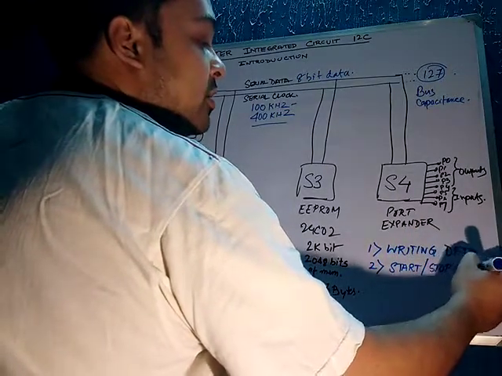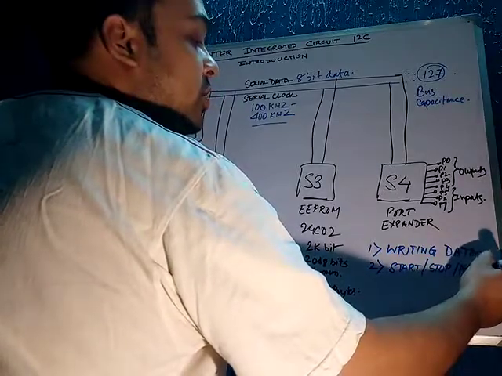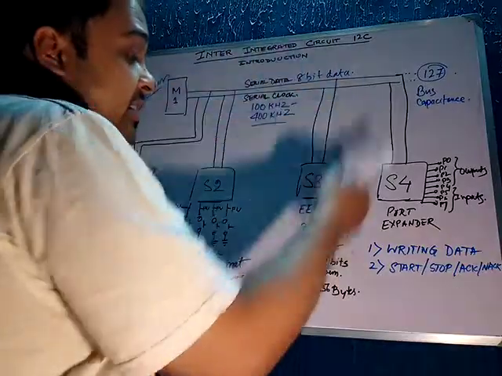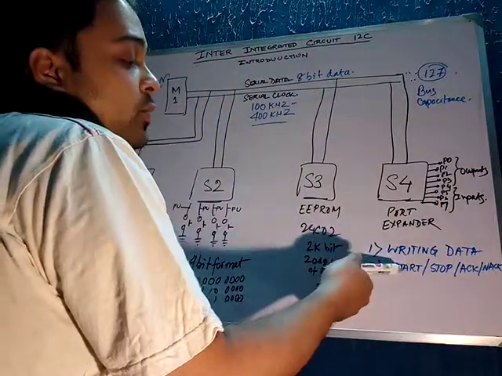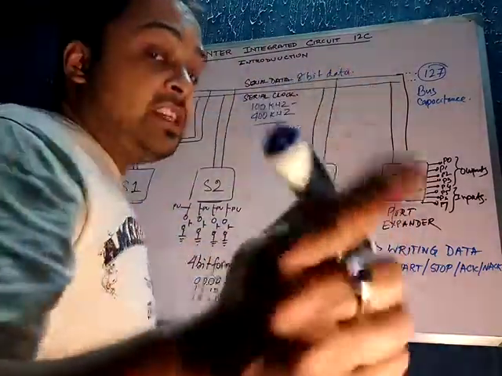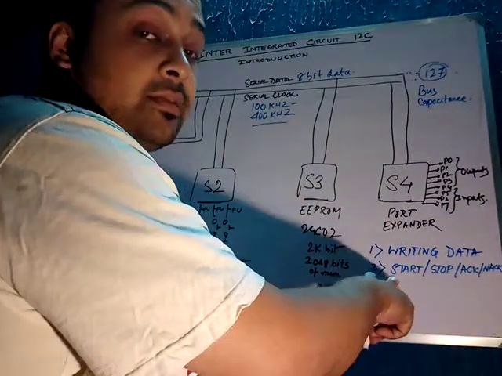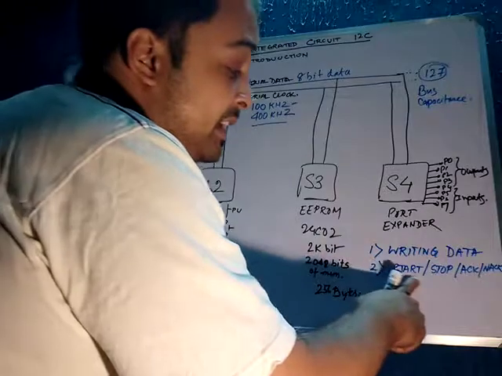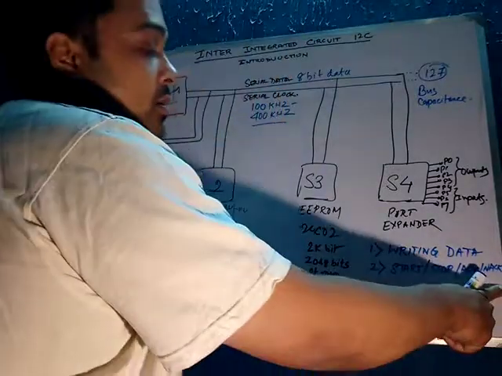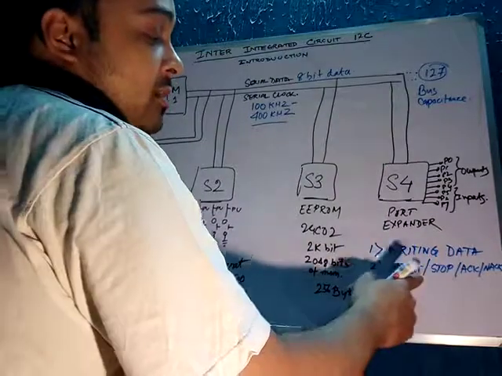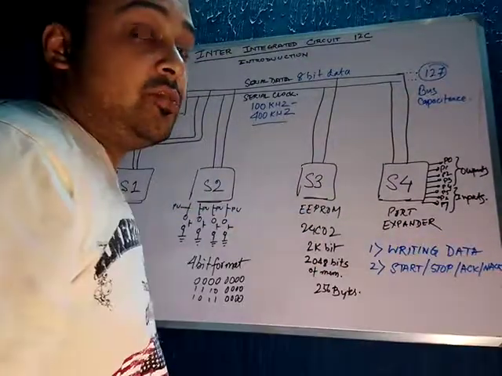acknowledge, not acknowledge. I know many of you who are aware of this will ask why I am not discussing this first. But I will tell you no, because while discussing the other topics, I will discuss this. There are several things you must know which will not be covered over here about start, stop, acknowledge and not acknowledge.